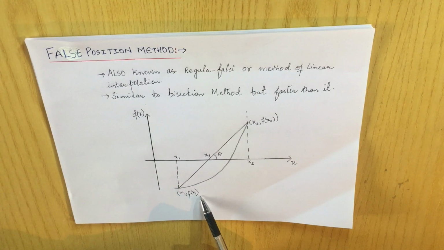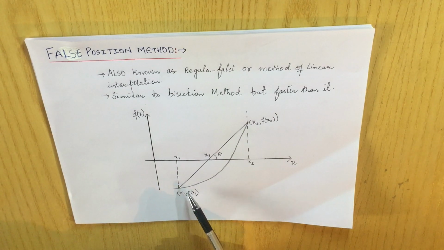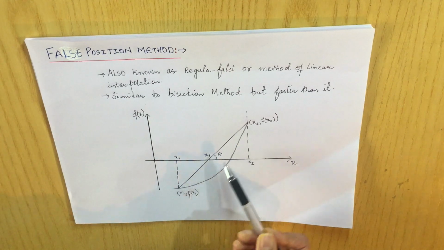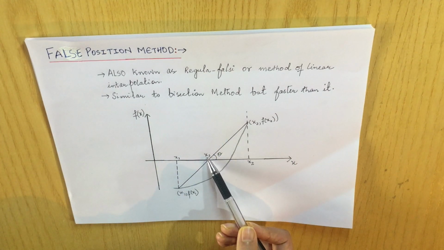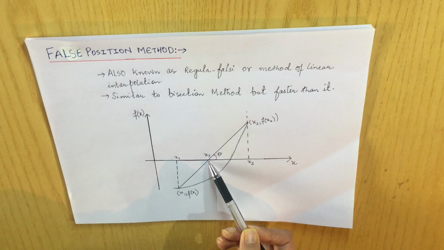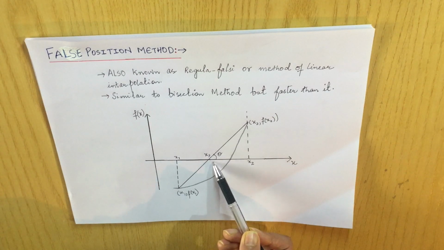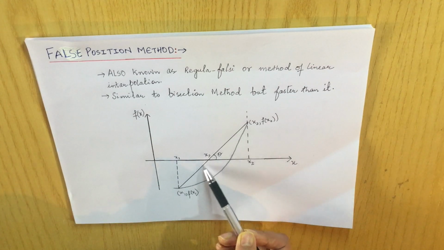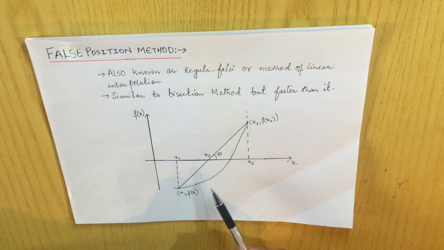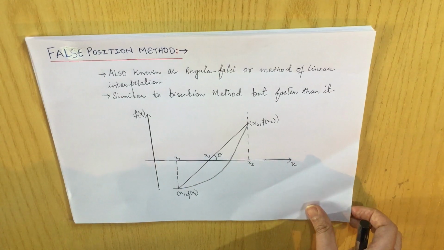When we join both of these points, the line intersects the x-axis at the next point x3. So we have to calculate the formula for calculating the x3 value.